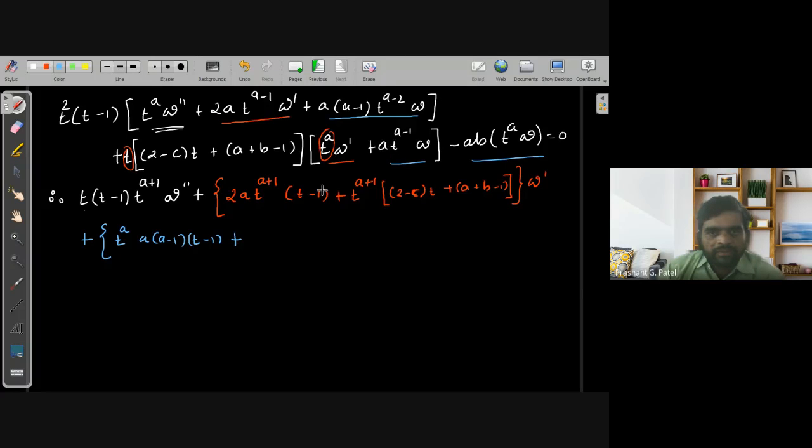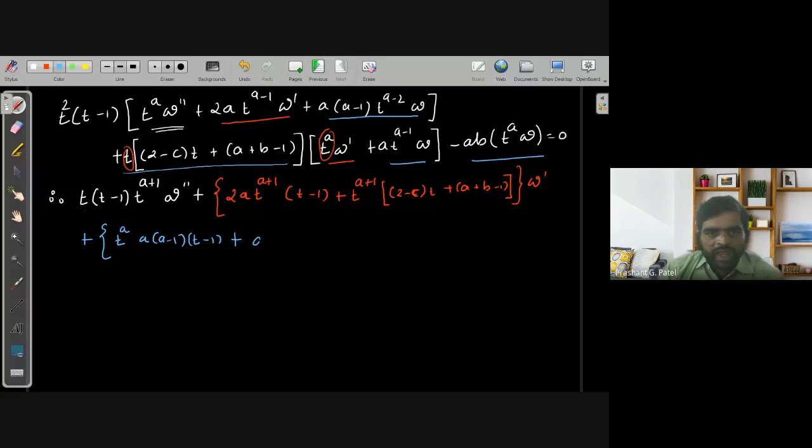Plus this whole quantity is multiplied to this, so this t is multiplied to t power a minus 1, that is t power a.